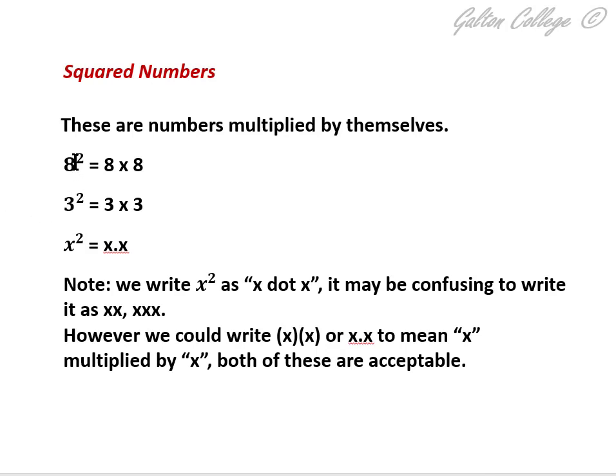So, squared numbers. 8 with a little 2 on top means 8 squared, 8 times 8. 3 with a little 2 on top is 3 times 3, 3 squared. x is any number, and x with a little 2 on top is x squared. That's x multiplied by x.